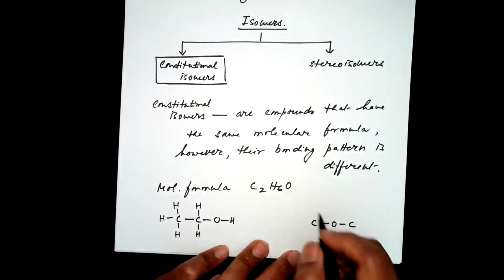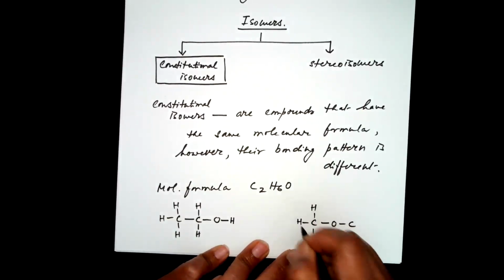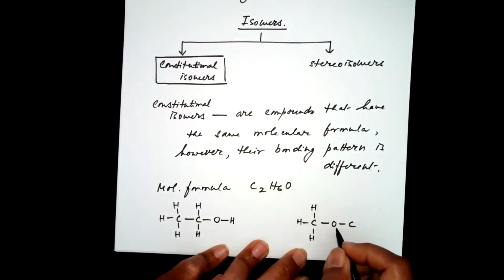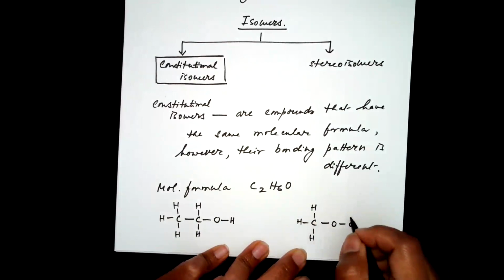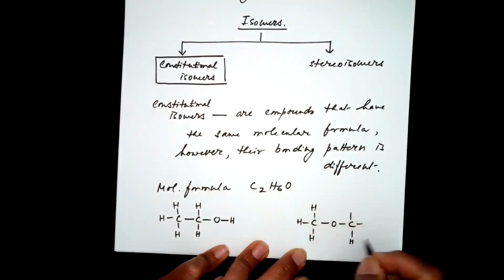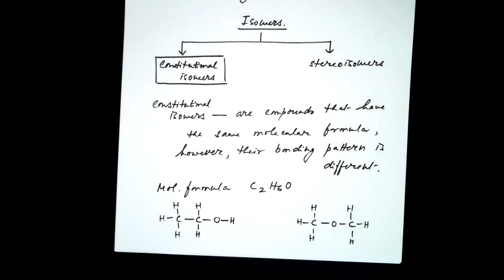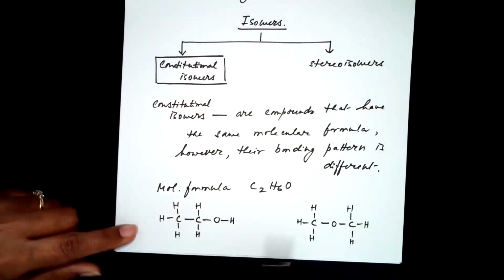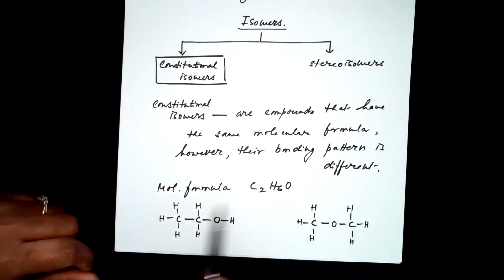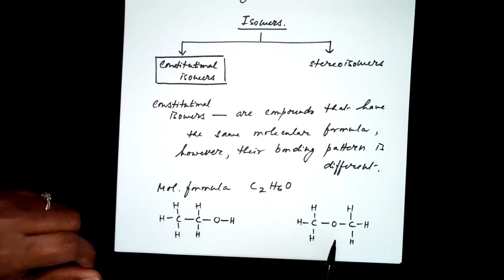For the second compound, my first carbon needs 3 more bonds, each with hydrogens. Oxygen does not need anything more. It already has 2 bonds. And the last carbon also needs 3 bonds with hydrogens. Now you can see I used 2 carbons, 6 hydrogens, and 1 oxygen for both of them. So the molecular formula is the same for both, but the bonding pattern is completely different.